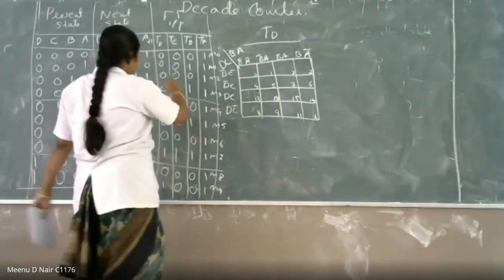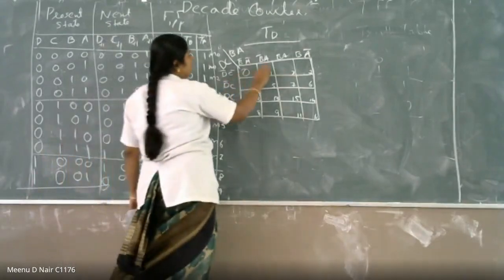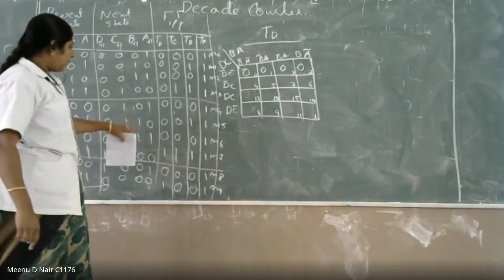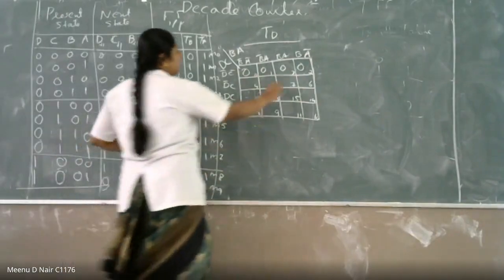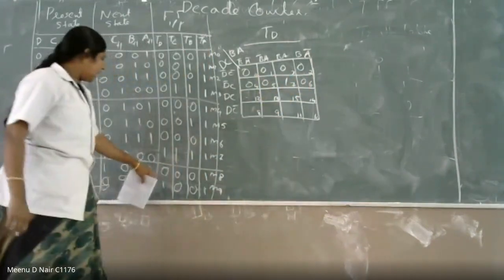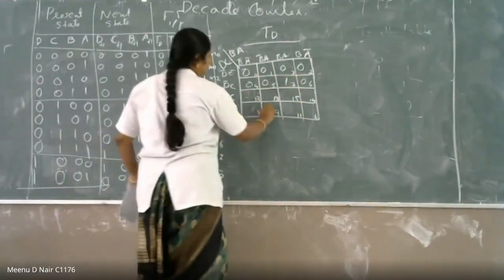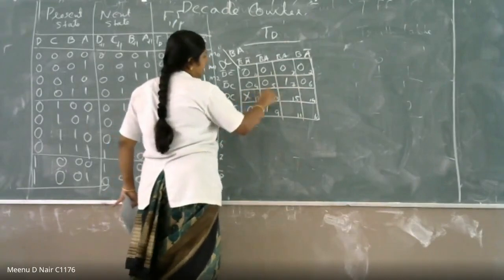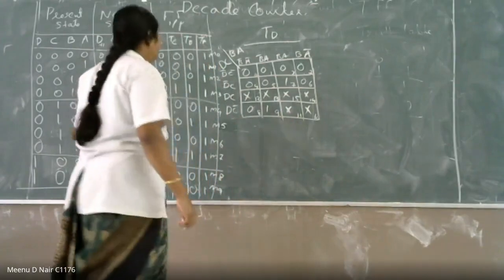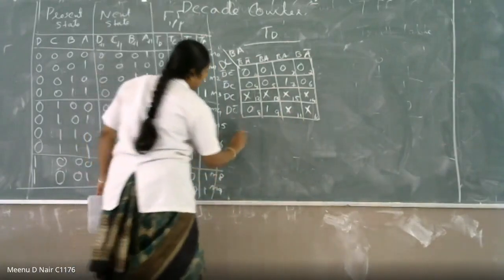Right. So 0, 1, 2, 3 is 0, 0, 0, 0. Then what is next here? 4, 5, 6, 7: 7 is 1, and 4, 5, 6 are 0. Then 8 and 9: 9 is 1, 8 is 0. And all other conditions are don't care conditions.